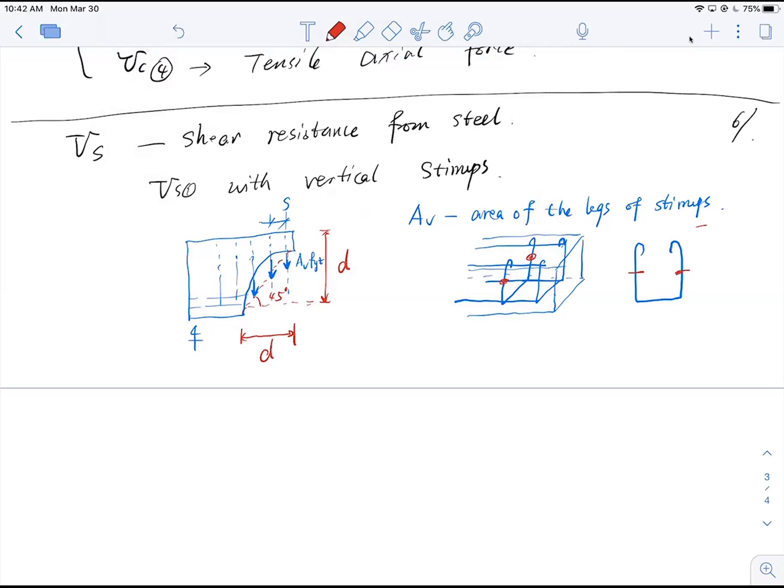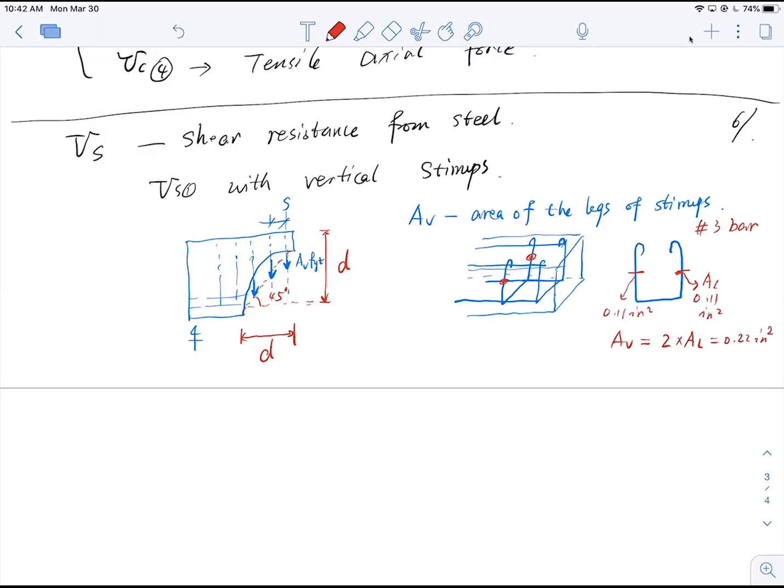Because say a number 3 bar, one leg gives me 0.11 inch squared, and the other leg is another 0.11 inch squared. So AV actually goes to 2 legs, so 0.22 inch squared. Be careful here, I actually have two legs.